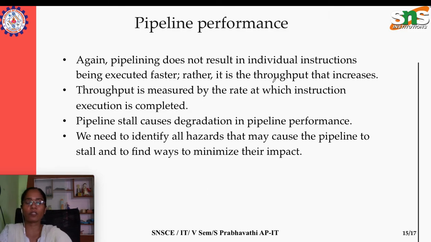So throughput is nothing but the number of instructions executed in a clock cycle. In a 4-stage pipelining, starting from cycle 4 onwards, we are able to execute each and every instruction in a single clock cycle.